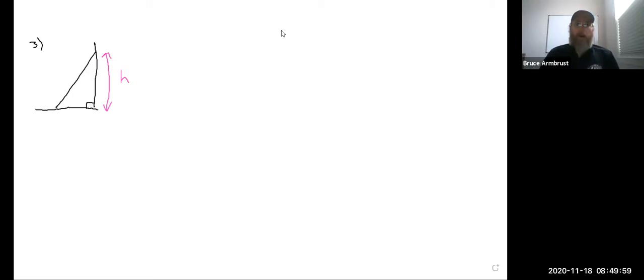All right, and then we're also given how quickly the bottom is being pulled away. And so in terms of a quantity that's changing there, I'm going to go ahead and call it x. We've got this guy x. x is increasing because the bottom is going away from the wall.